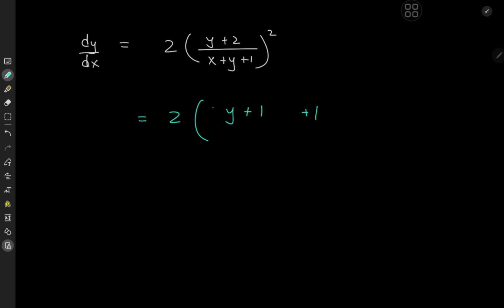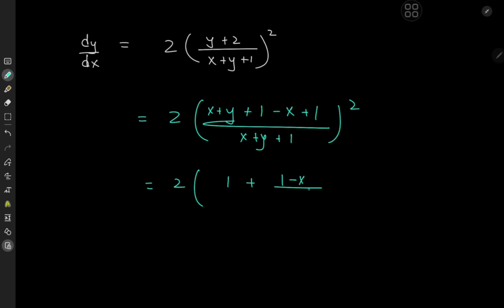Now let's expand by adding a 0 in the form of plus x minus x. That way, we notice that we have some cancellation taking place, or some simplification taking place. So we can write this as 2 times (1 + (1 - x)/(x + y + 1)), whole thing squared.